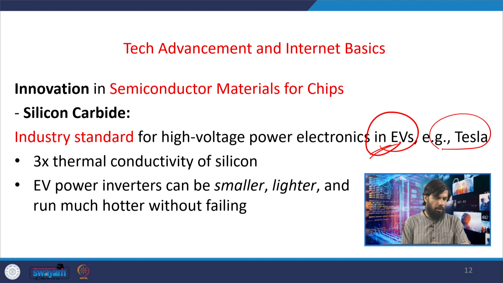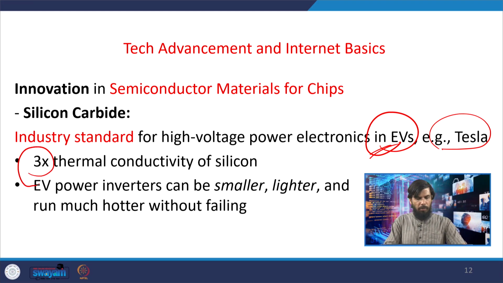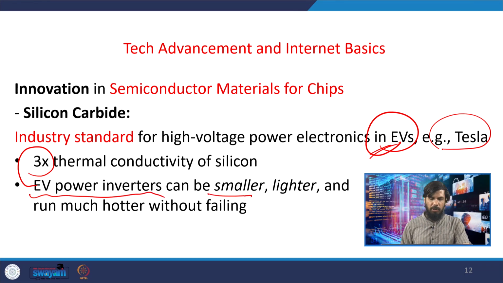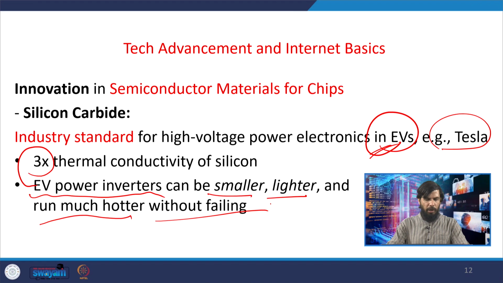It gives 3 times more thermal conductivity than silicon, and that is beneficial. EV power inverters can be smaller because of this change, lighter, and run much hotter without failing, because in high temperature scenarios silicon carbide can do a better job, and it has better conductivity also.